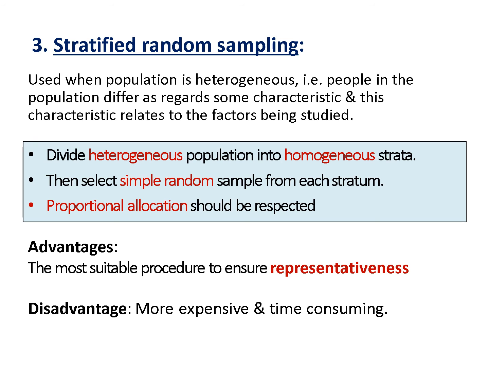The advantage is that it is the most suitable procedure to ensure representativeness, because we divide the heterogeneous sample into strata. But the most important disadvantage is that it is more expensive and time consuming.